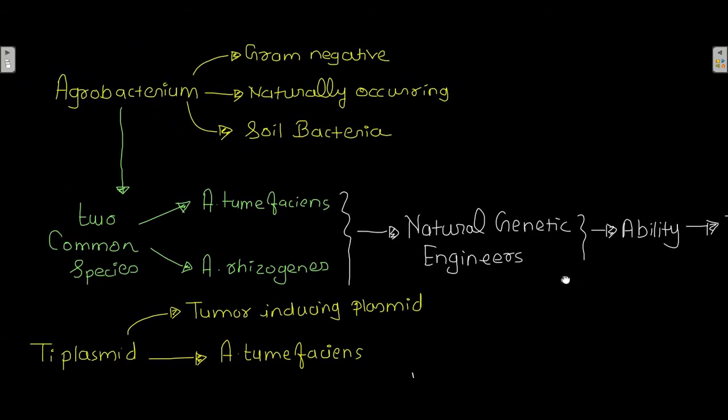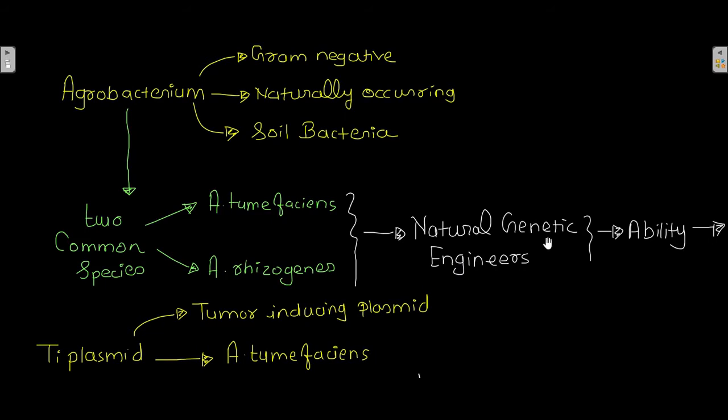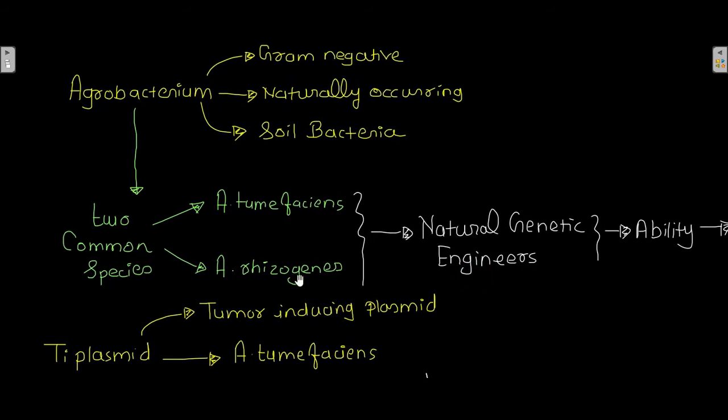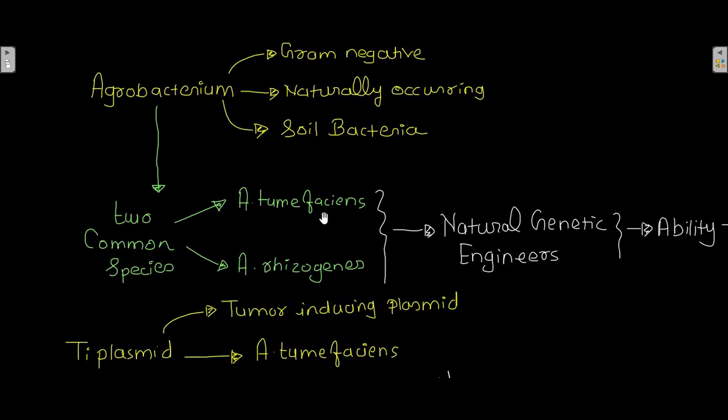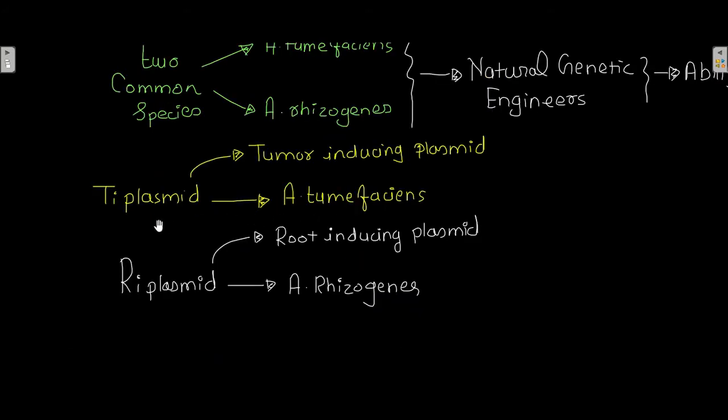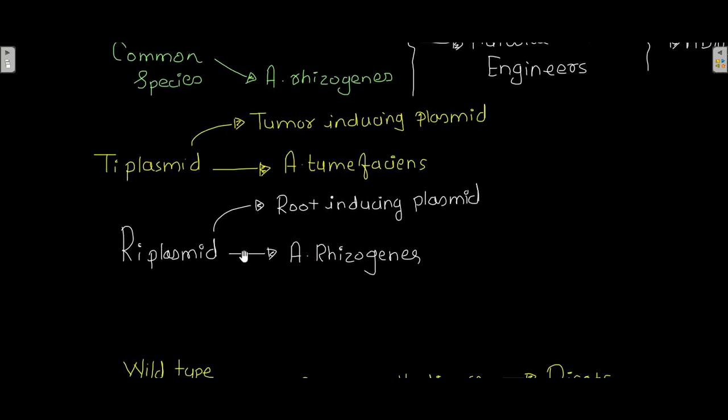Now the Ti plasmid, which stands for tumor inducing plasmid, occurs in Agrobacterium tumefaciens, and the Ri plasmid, which stands for root inducing plasmid, is found in Agrobacterium rhizogenes.